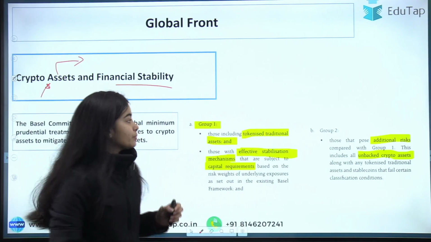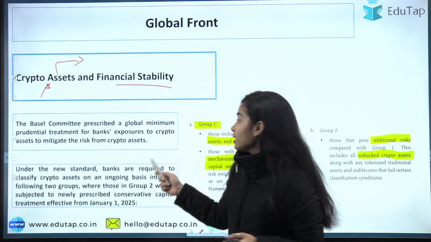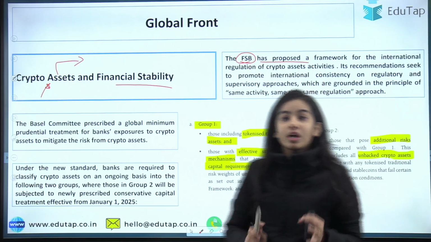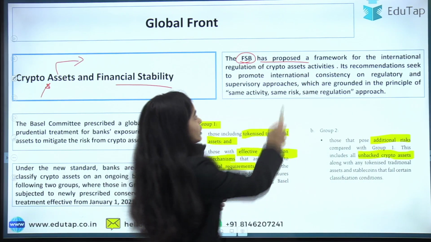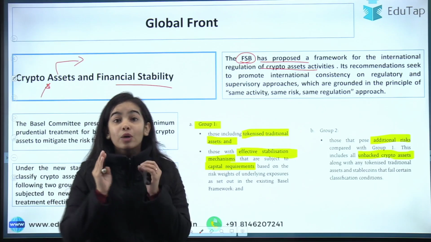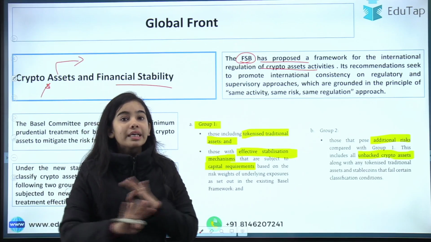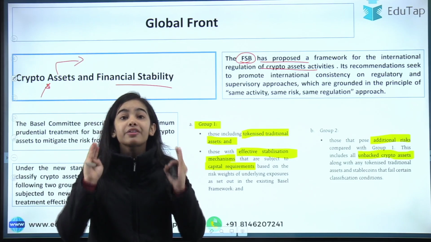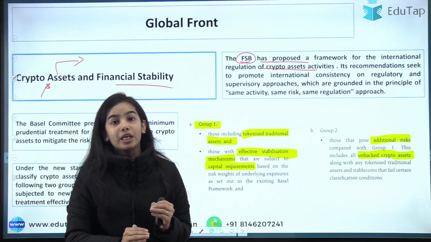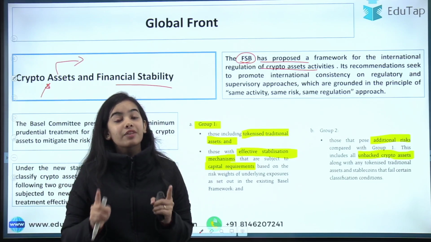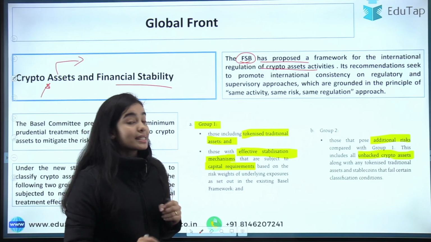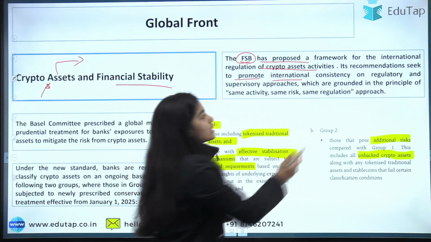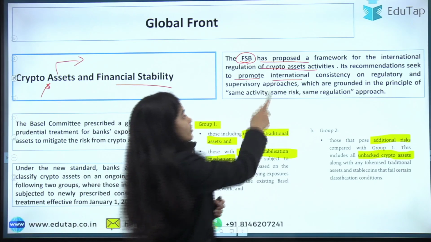Here we can see that the FSB, the Financial Stability Board, has proposed a framework for the international regulation of crypto asset activities. We have to regulate the crypto assets because they are not under any regulation, otherwise they will create big trouble for the whole global economy. For all the countries there will be trouble from the crypto assets as they are very volatile. Its recommendations seek to promote international consistency on regulatory and supervisory approaches.